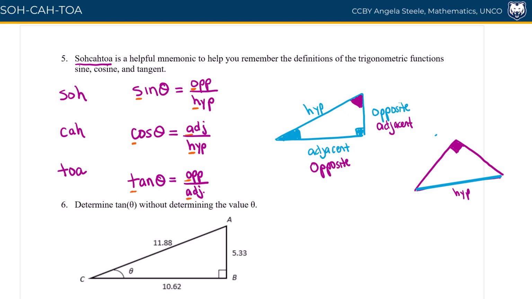But using this mnemonic of Soh-Cah-Toa and just thinking about the triangle, we don't need to worry about that anymore. So if I am looking at this angle here, we know this side is going to be the opposite, and then this side is going to be the adjacent because it's next to that angle.